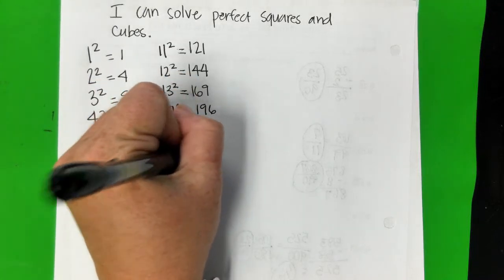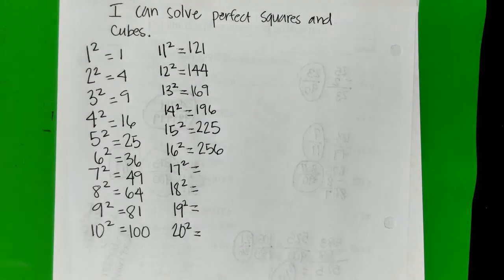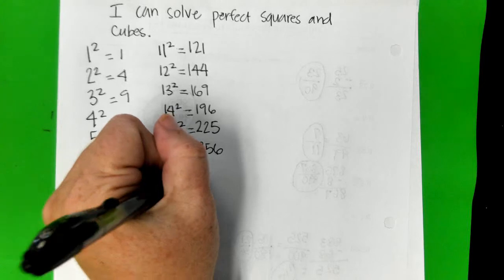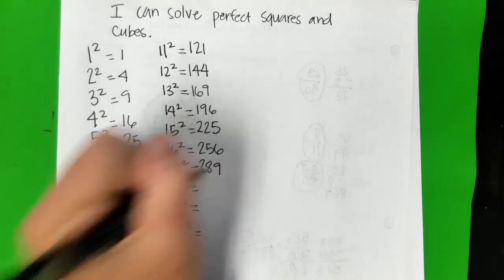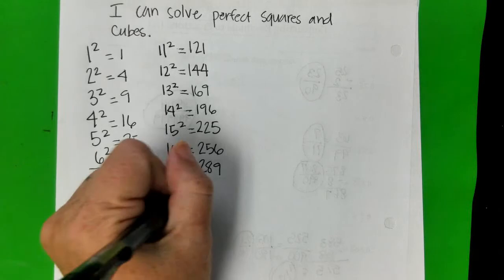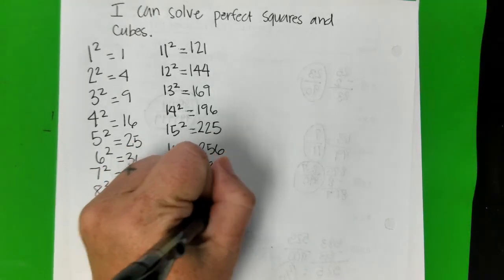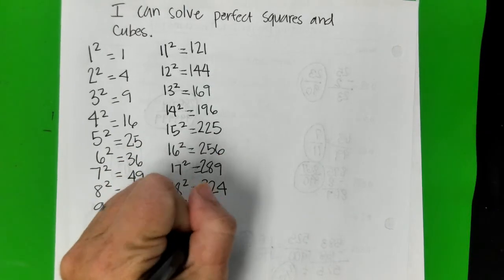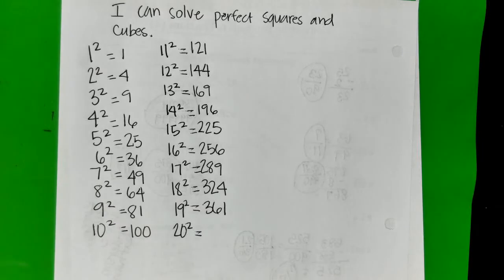Close. 256. 17 squared. 289. I remember that one. What about 18 squared? 324. 19 squared. 361. And y'all should know 20 squared. 400.